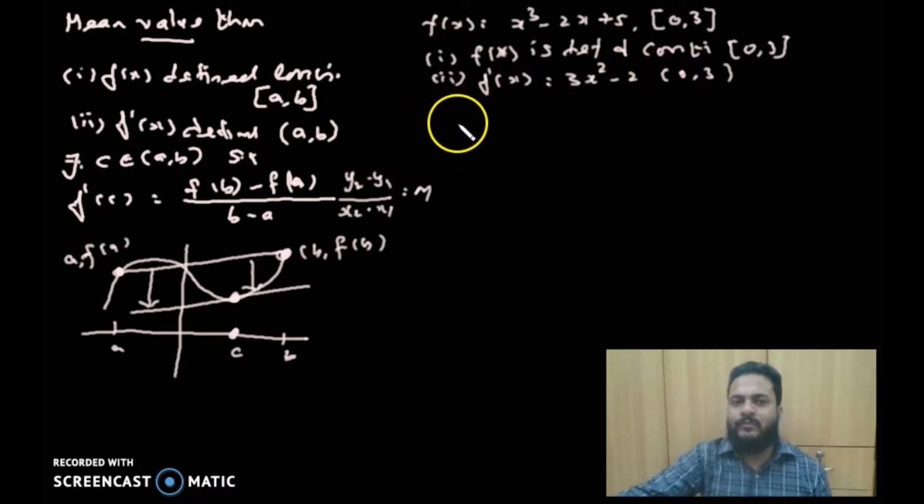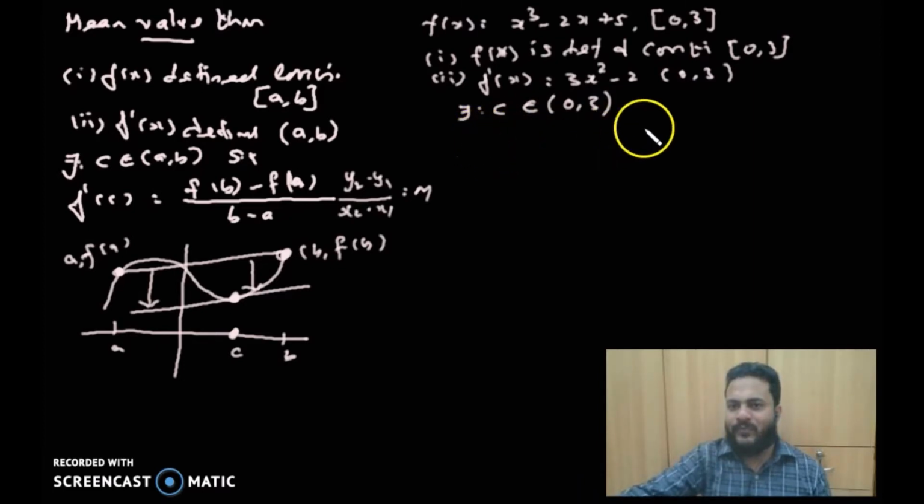As per the mean value theorem, there exists a point c belonging to a, b. That is, there exists a point c belonging to a, b, where a, b means 0, 3, such that f dash of c is equal to f of b minus f of a divided by b minus a, that is f of 3 minus f of 0 divided by 3 minus 0.